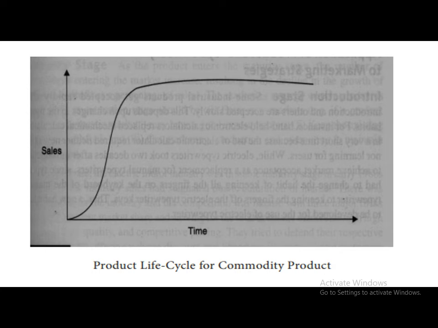In the beginning part of the maturity stage, profit reaches its highest level, and afterwards sales reach peak level in the later part of the maturity stage. This is due to the competition in terms of low prices, better services, and aggressive promotions by competitive firms. The marketing cost goes up and profit starts declining.